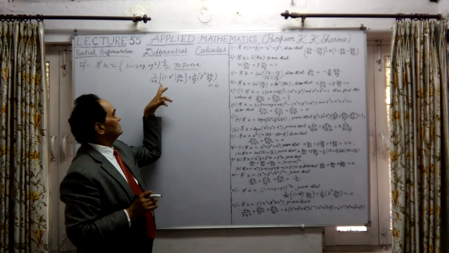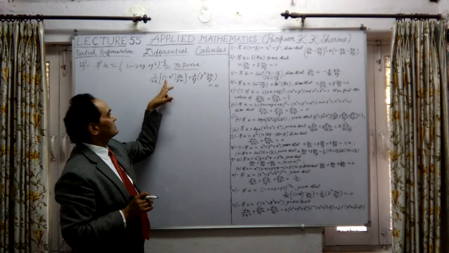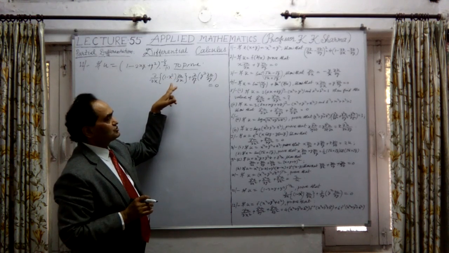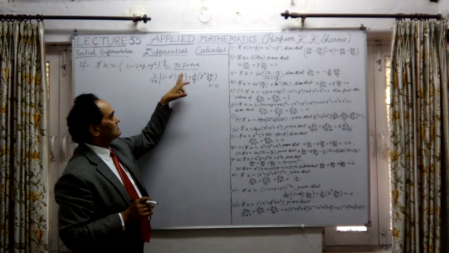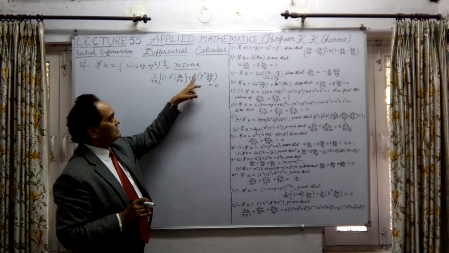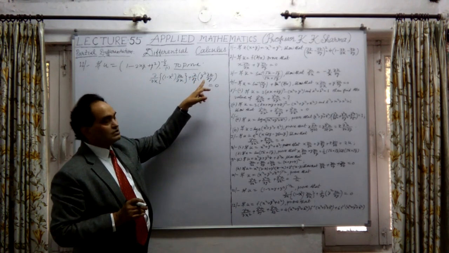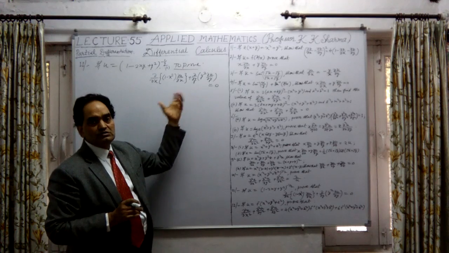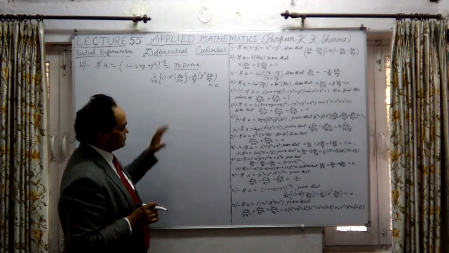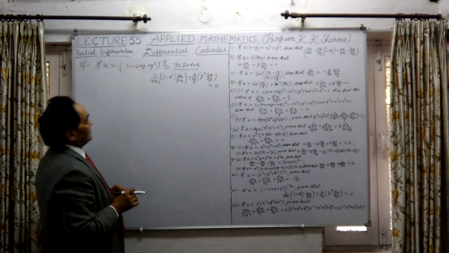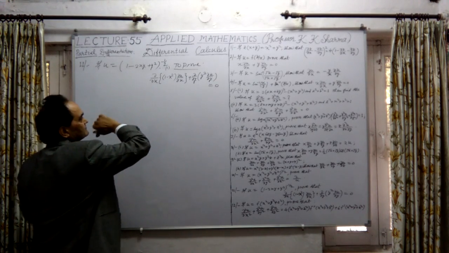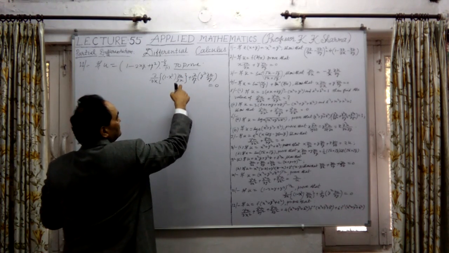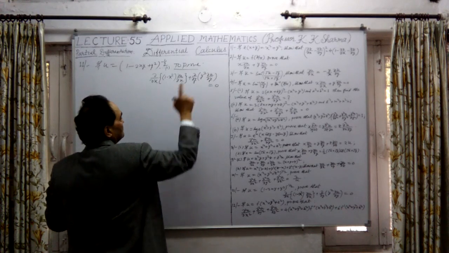We have to prove here that del by del x of (1 minus x square) into del u del x, plus del by del y of (y square del u del y), equals 0. For that, let me differentiate the first equation. Why? Because we require del u del x and del u del y first.